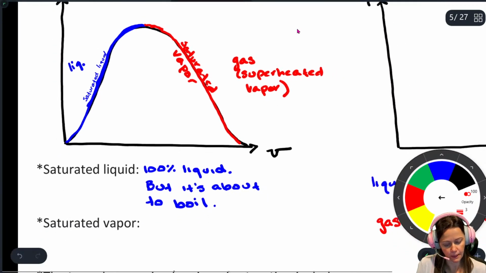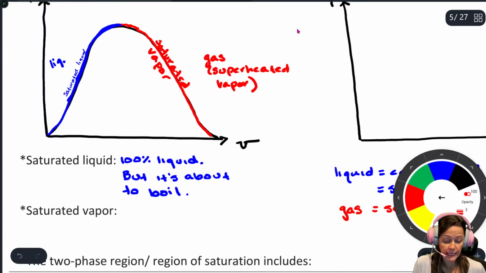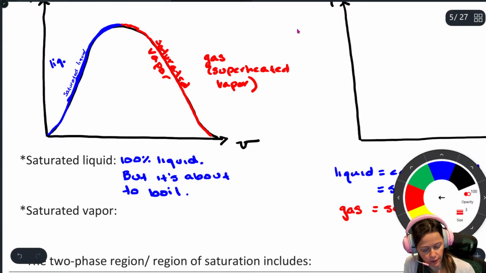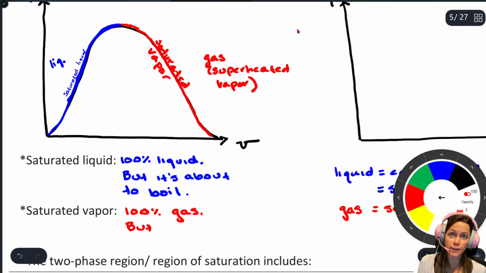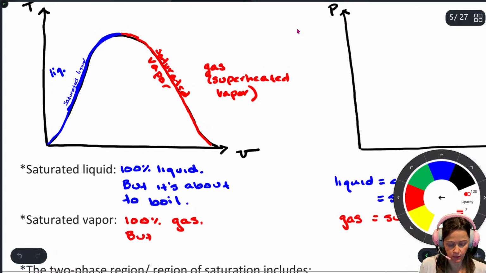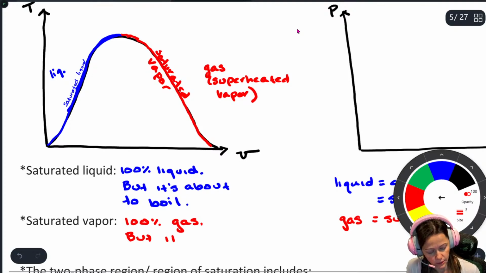Okay. And so the saturated vapor has a similar definition. It's 100% gas, but if we move to the left any on that TV diagram, it'll condense. So it's about to condense.